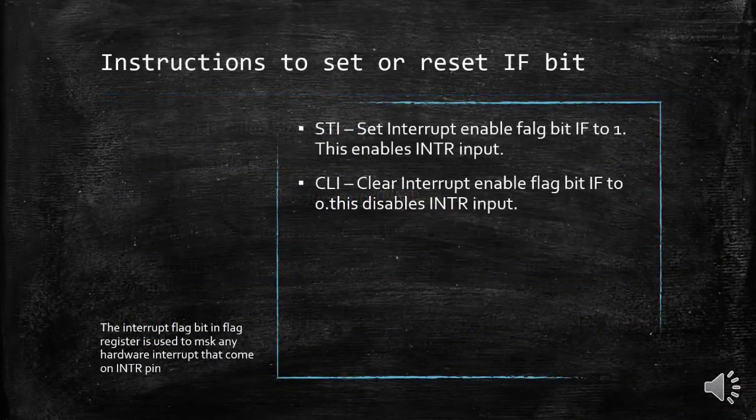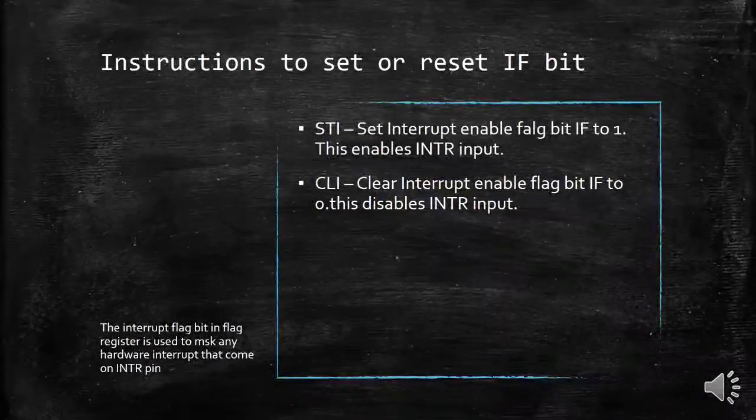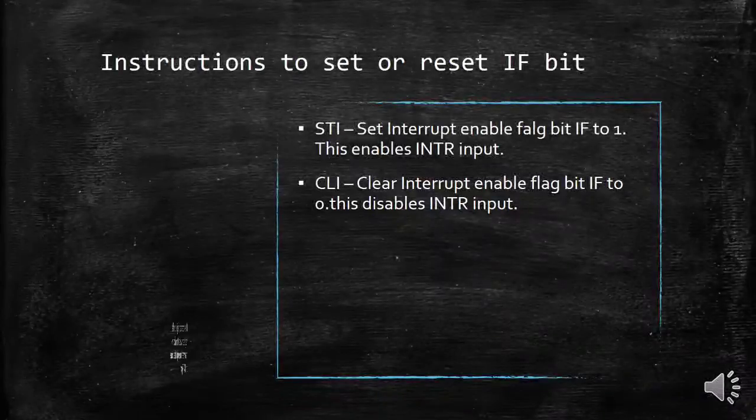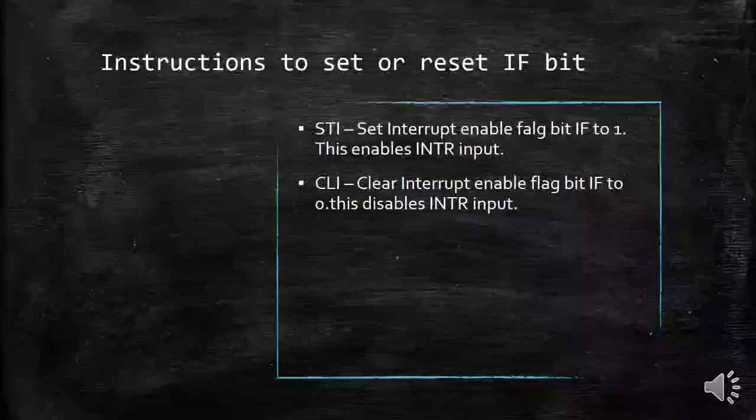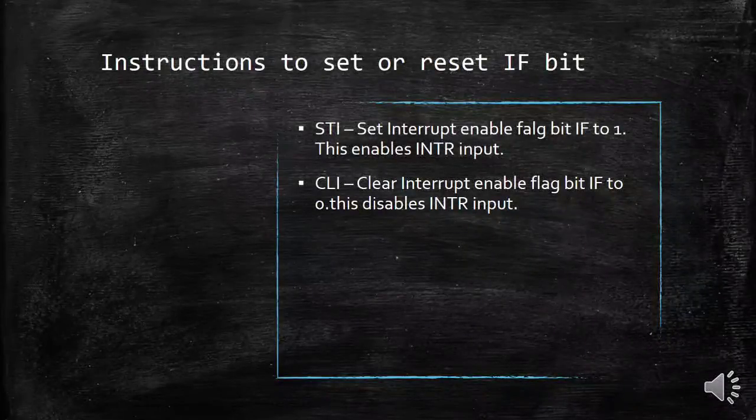Second point, it disables the single step and the interrupt input by clearing the trap flag and interrupt flag bit. Third point, CS value of the return address is pushed on the stack. Fourth point, IP value is pushed onto the stack.